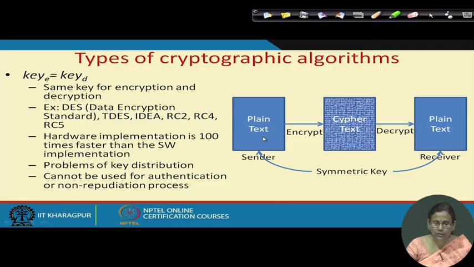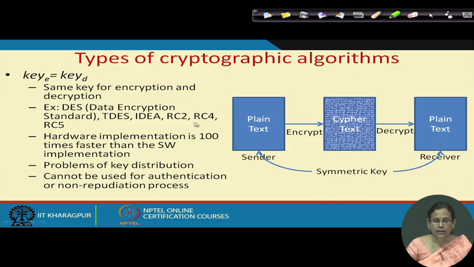Now, because both the parties use the same key, this process is called the symmetric key encryption algorithm. There are many variants of this. First one is DES, data encryption standard, triple data encryption standard, IDEA, RC2, RC4, RC5 and so on.